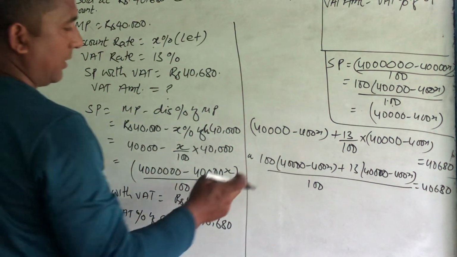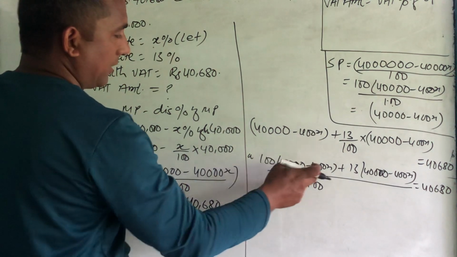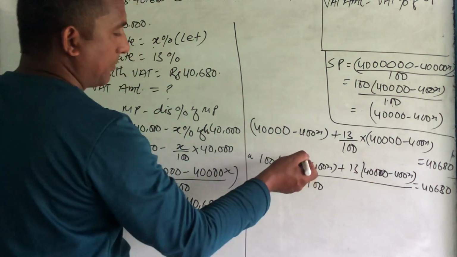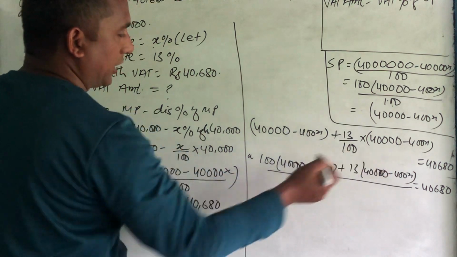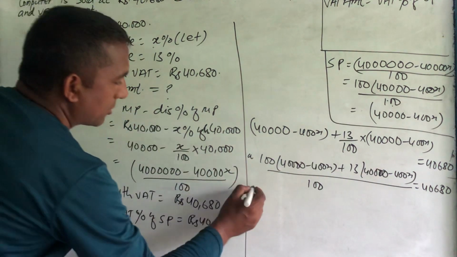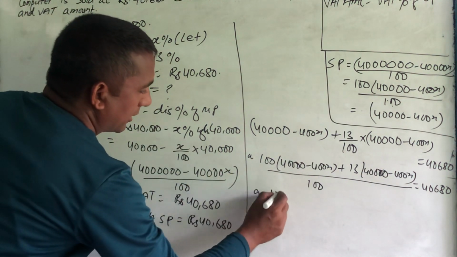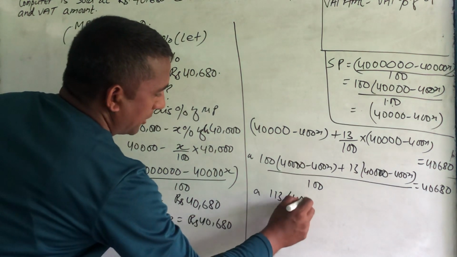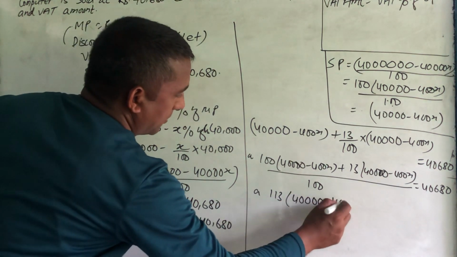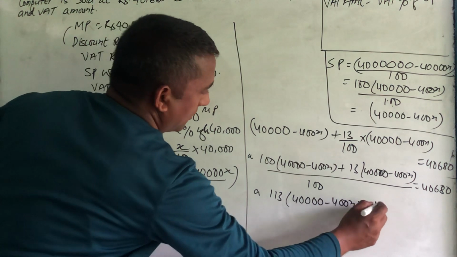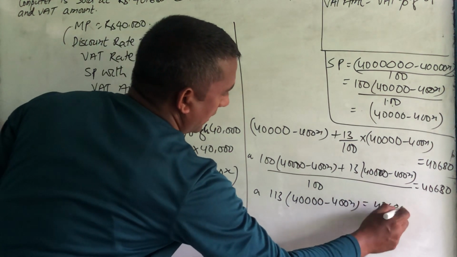So you can check here, this is similar to an example: if you let A, then 100A plus 13A means 113A. In the same way you can write 113 into 40,000 minus 400 X equal to 40,680.